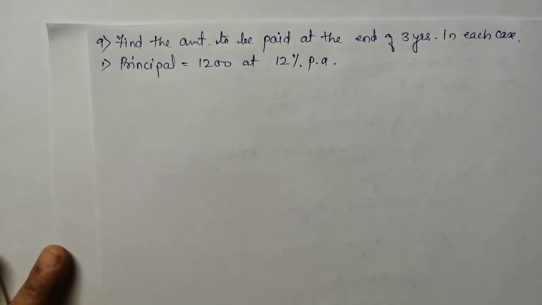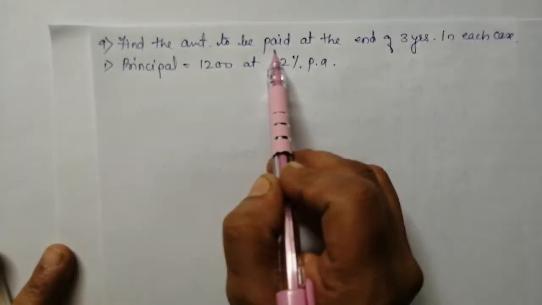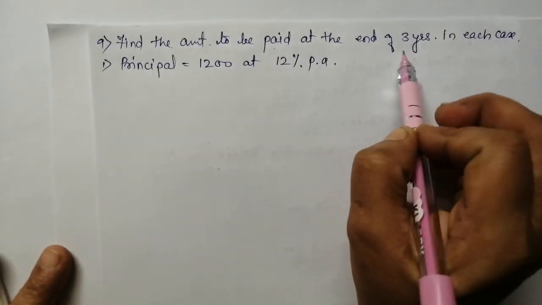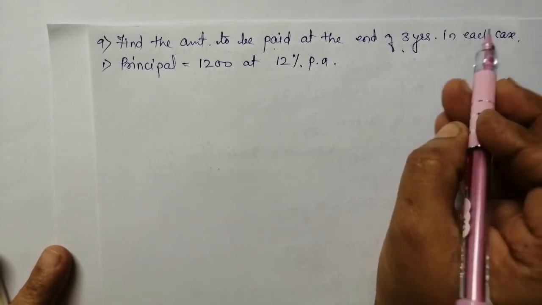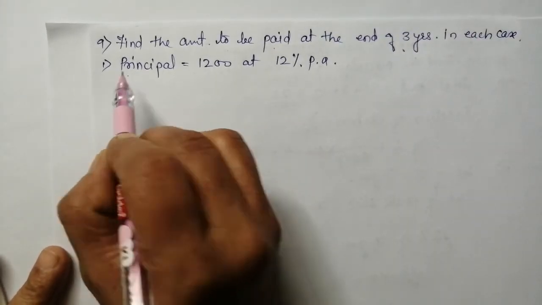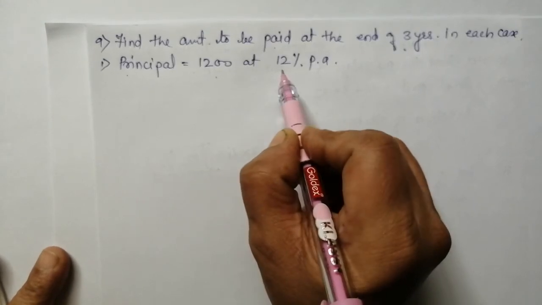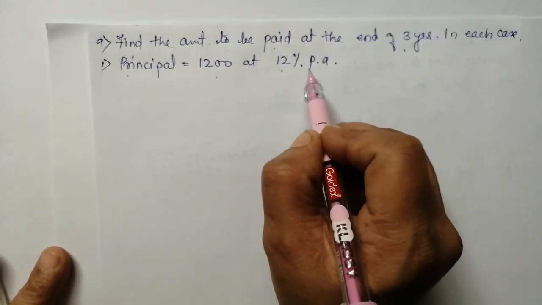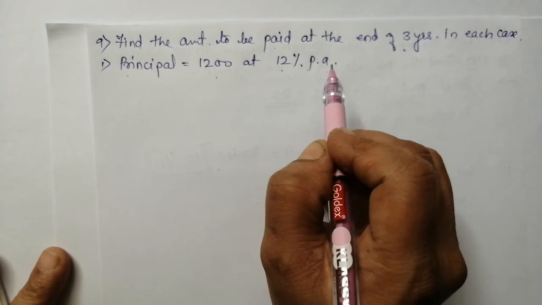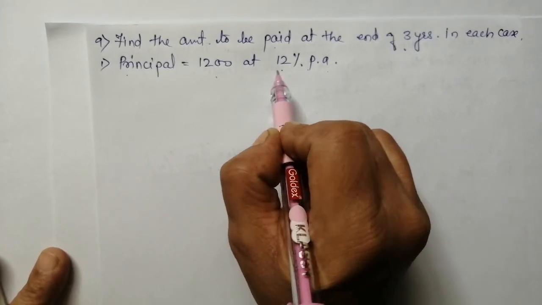In this sum, we have to find out the amount paid at the end of the 3 years in each case. First of all, principal is given 1200 rupees at the rate 12% PA, means per annum. For per year, the rate was 12%.